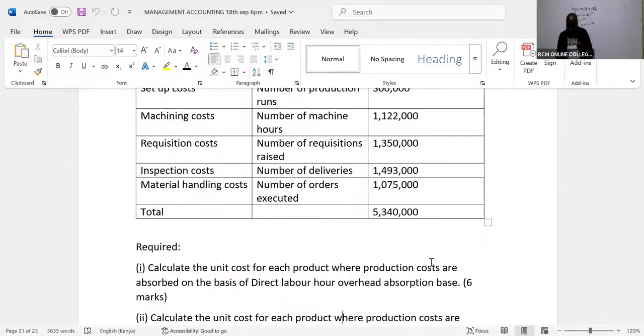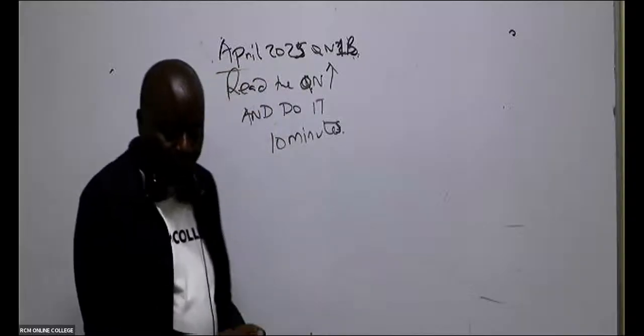You can see activity-based costing, they are apportioning this total overhead of 5,340,000 into various activities, as we shall be seeing. When it comes to our traditional method, we only use one basis, one cost driver to apportion the entire overhead, which is 5,340,000.